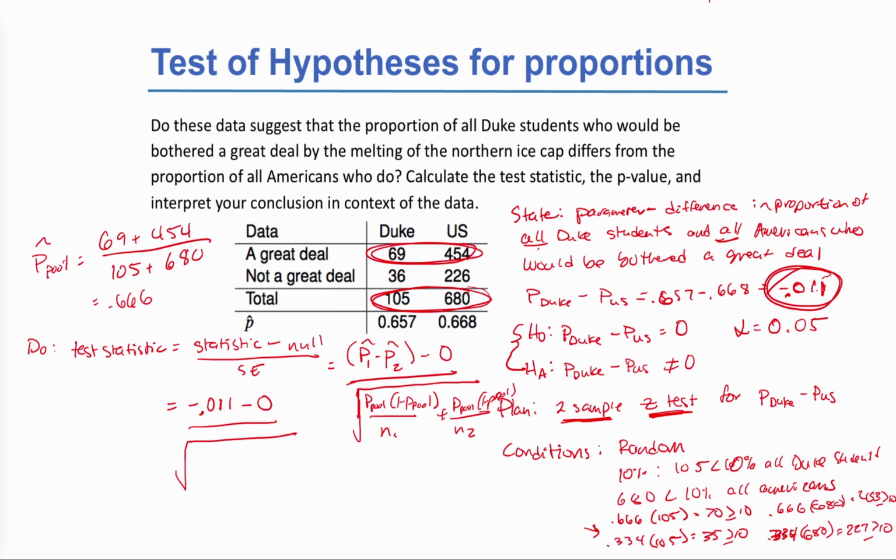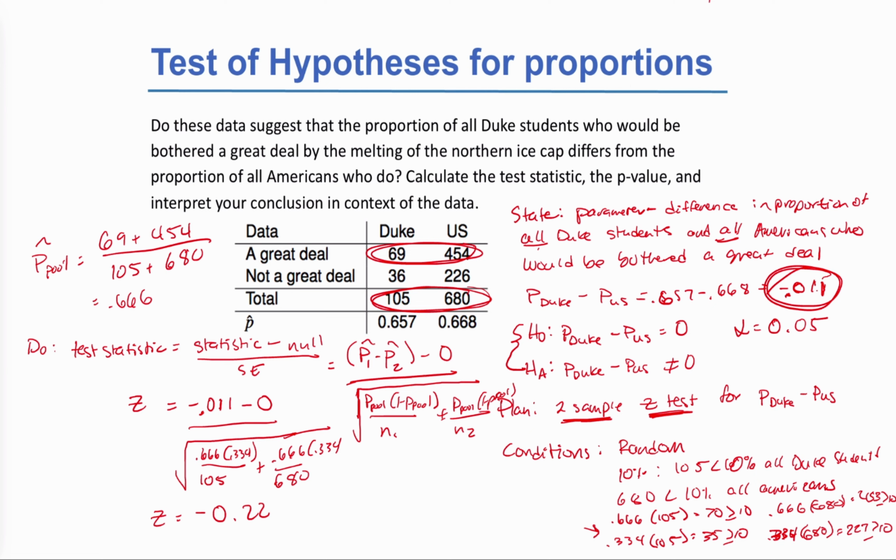So that is 0.666 times 0.334 over 105 plus 0.666 times 0.334 over 680, and you take the square root of all of that. And you plug all that into your calculator and come up with a z-score of negative 0.22.